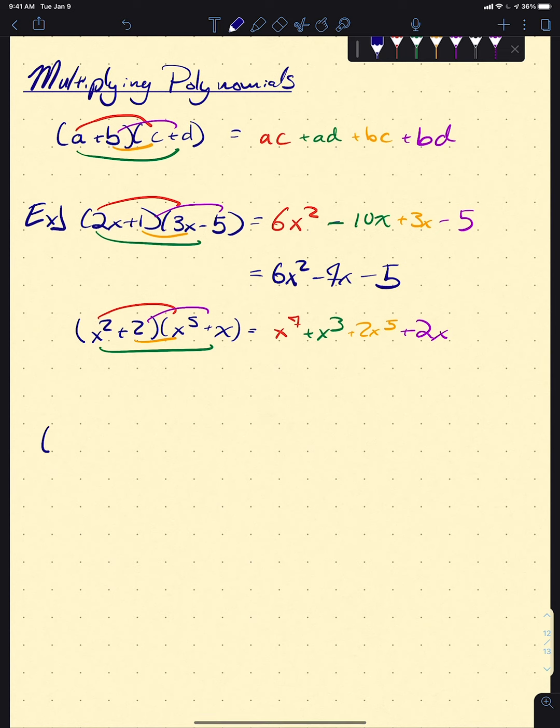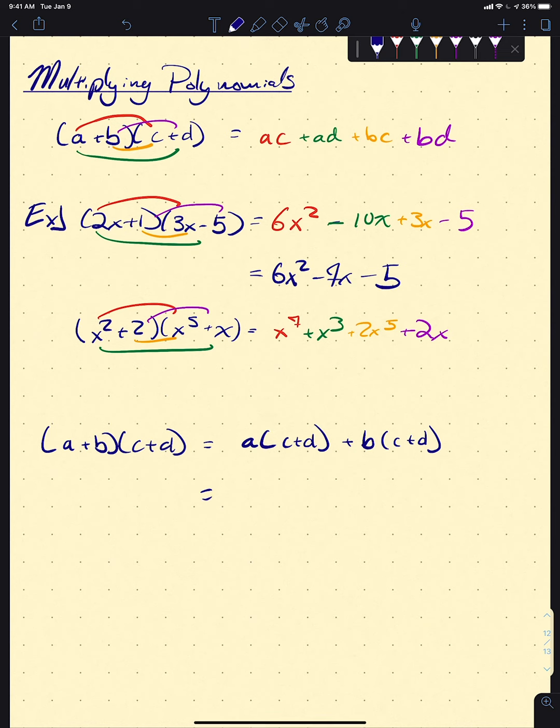FOIL is just a particular case of the distributive property, right? a plus b times c plus d. What this is, right? This is equal to a times c plus d plus b times c plus d, right? This is just what it means to distribute one of these into the other.